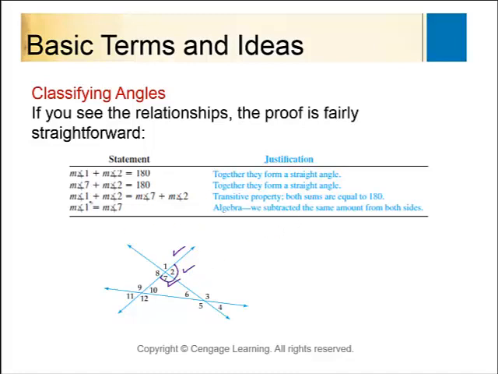Then I could say that the measure of angle 1 plus the measure of angle 2 equals the measure of angle 7 plus angle 2 because they're both equal to 180. And then using our algebra, subtracting that from both sides, I can say that the measure of angle 1 equals the measure of angle 7. And that concludes our lesson for 8.1.